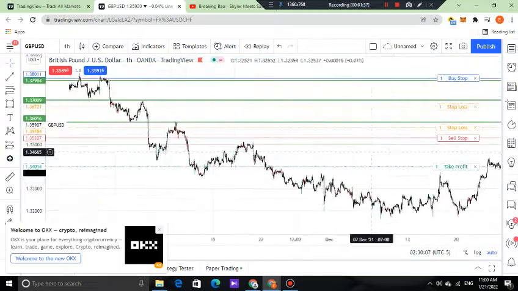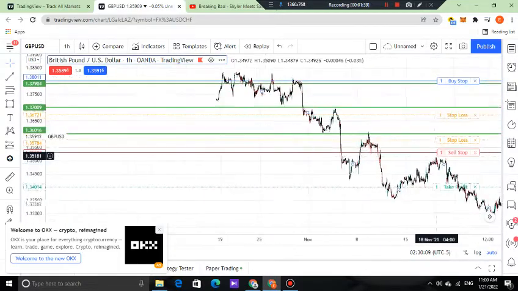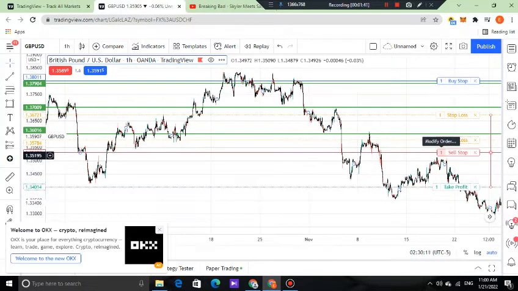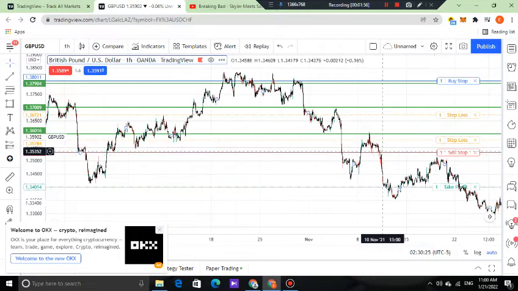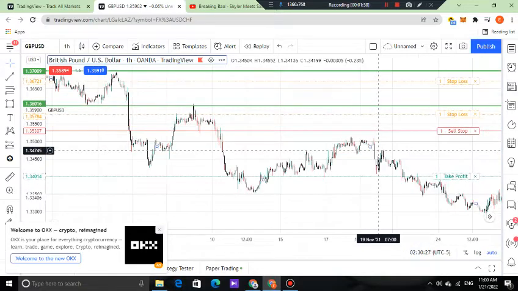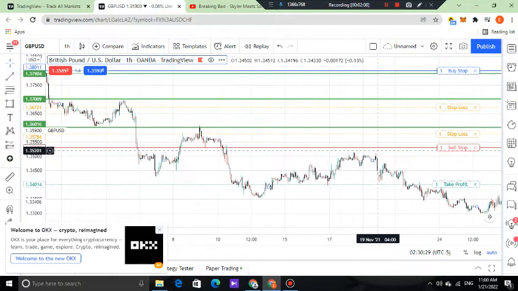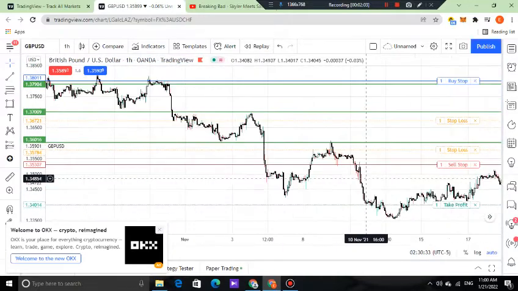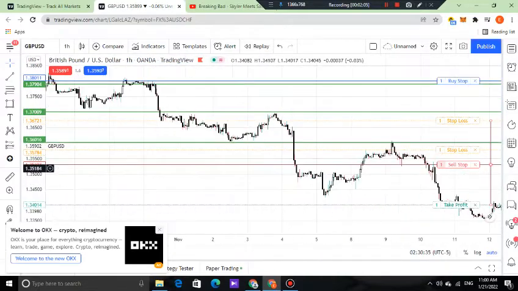Generally, if you see a head and shoulders at the bottom of a trend, at the end of the trend, at support resistance areas, it's probably a reversal. But if you see it at the middle of a trend, it's a resumption pattern.